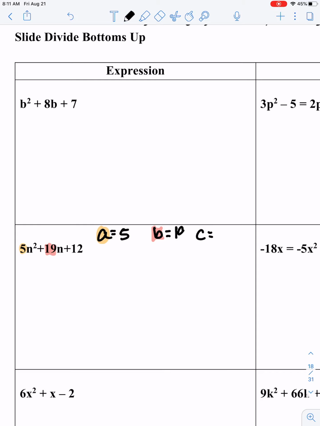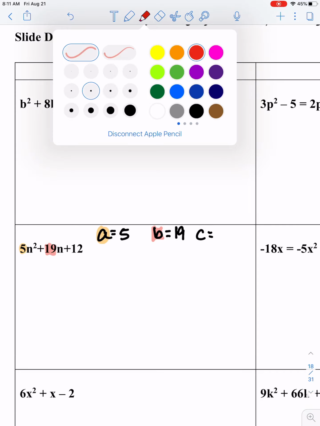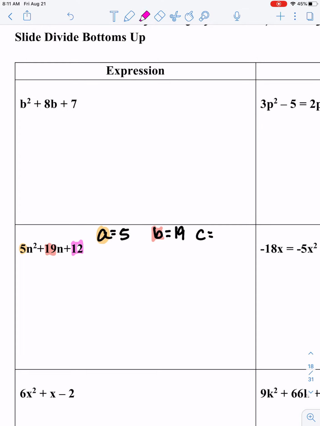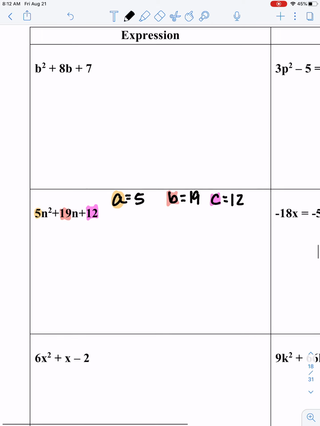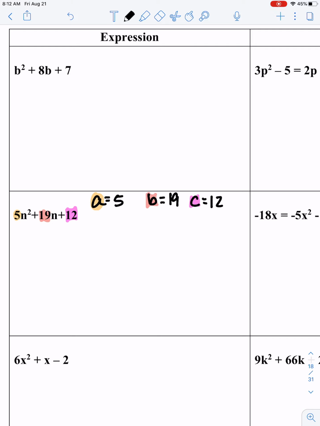So B is equal to 19. And C is just your number. Okay, so C is just 12. So from here, I need to multiply AC. So A times C. A is 5. Multiply times C, which was 12. And I'm going to get 60.